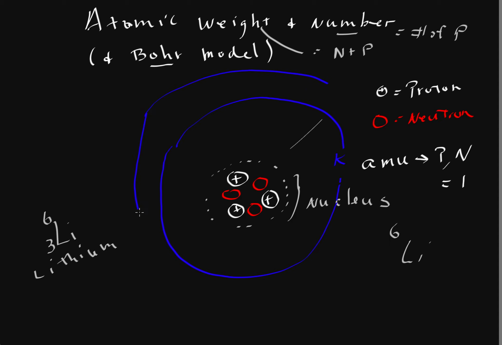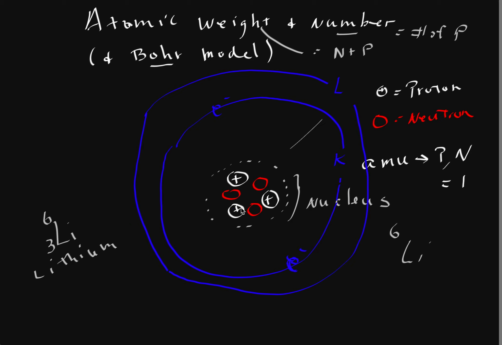And then we can have another shell, which we'll call the L shell. It goes around the K shell like that. The K shell can hold 2 electrons, so I'll just draw an E with a minus sign, and we'll put another one down here. And then the K shell is full with just 2 electrons. It can't hold any more electrons.